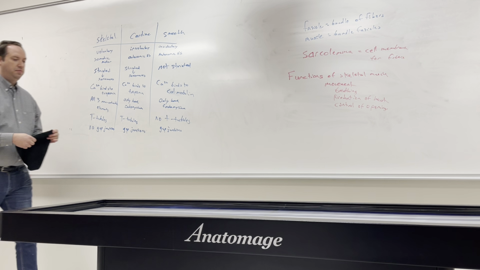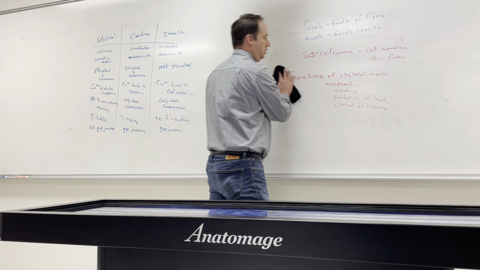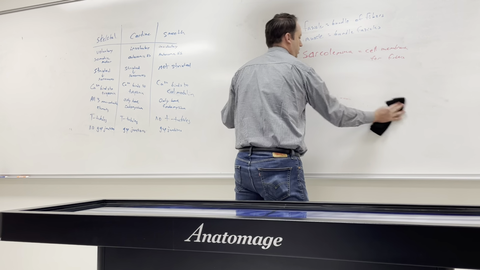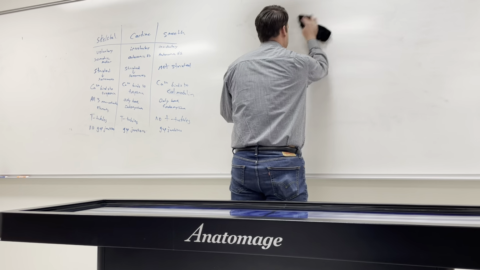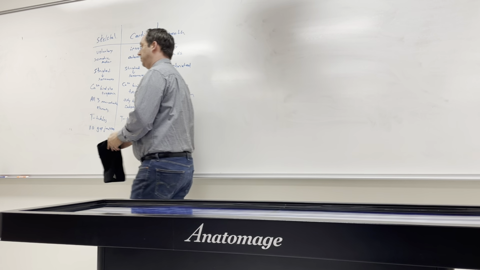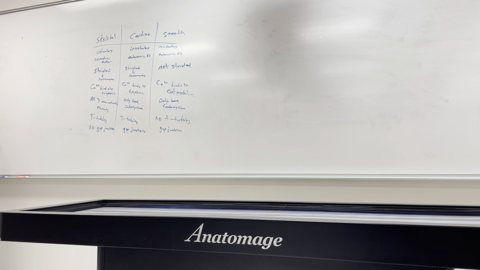Now, I'm not concerned with a lot of the detail about cardiac muscle and smooth muscle so much as I am concerned with that comparison to skeletal muscle. There's a chart at the very end of the smooth muscle and cardiac muscle lecture that has all of that charted out in some degree of detail.